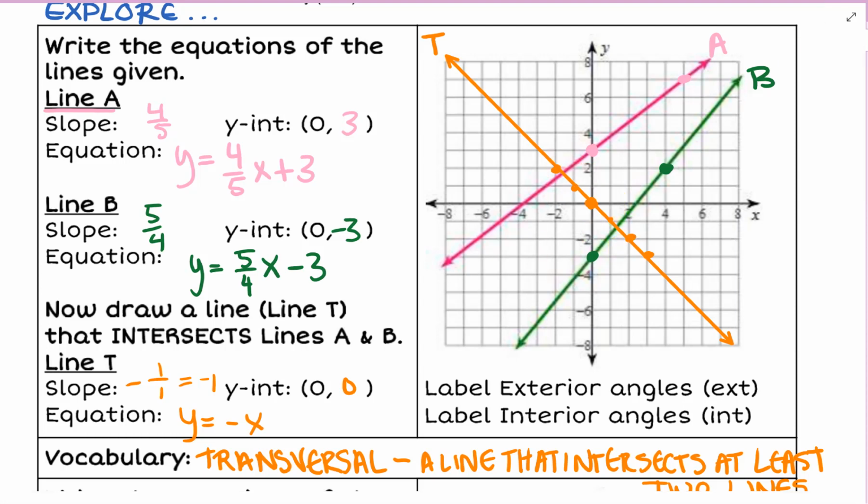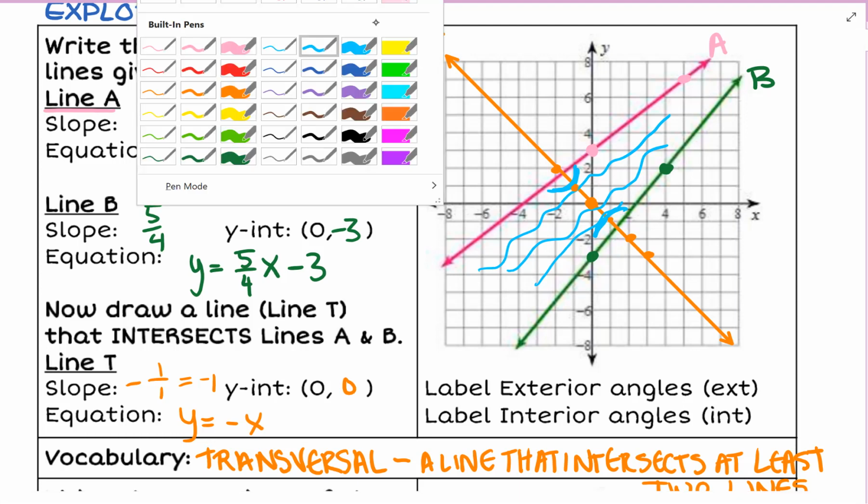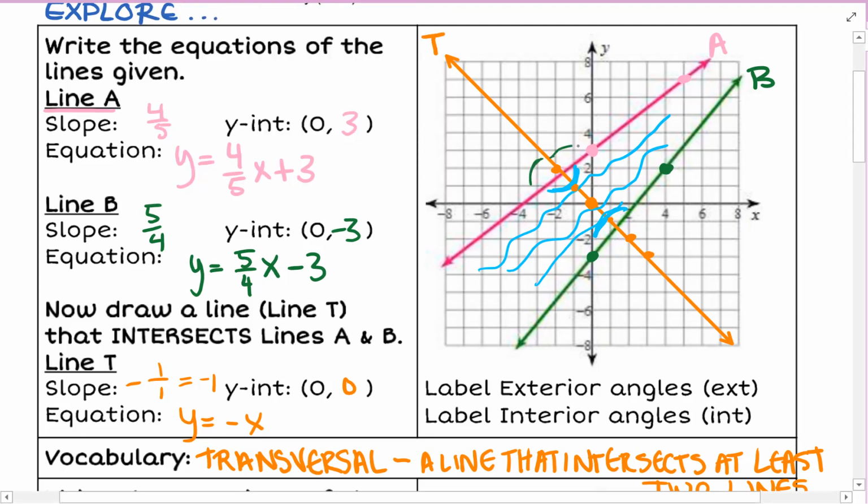And the way that I actually visualize it is that the first 2 lines are like the edges of a riverbank. So here's the river, and the angles that are inside, that are in the water, are interior angles, and the angles that are outside on the riverbank are exterior angles.